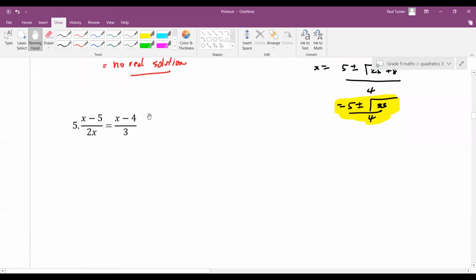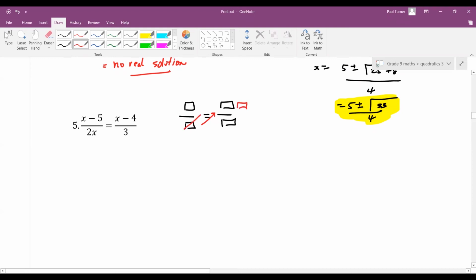So look at this one. Now, when you have a fraction equals a fraction, when we're doing these kinds of problems, or any kind of algebraic problem, when you want to solve, we cross multiply here. So this number or this term will go up to here.